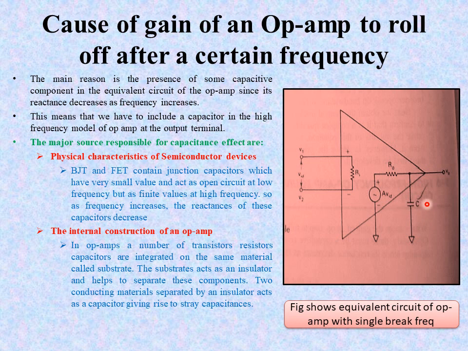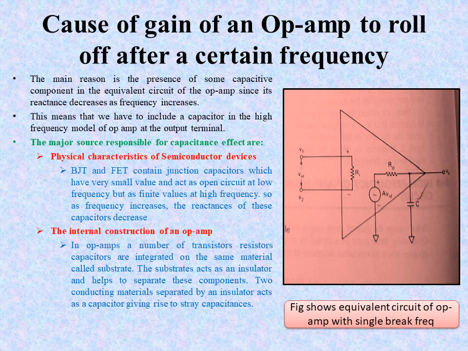But where does this capacitor originate from? From where will this C come? This we can discuss. The major sources responsible for capacitance effects are two. First is the physical characteristics of semiconductor devices, and second is the internal construction of the operational amplifier.